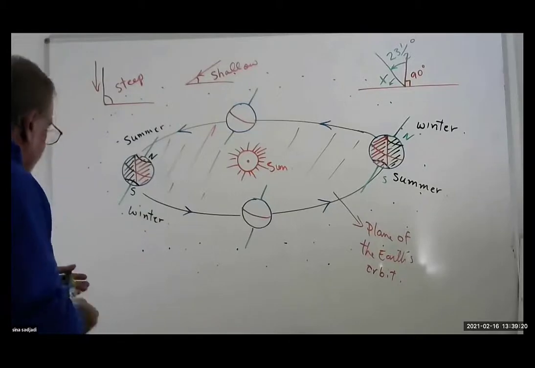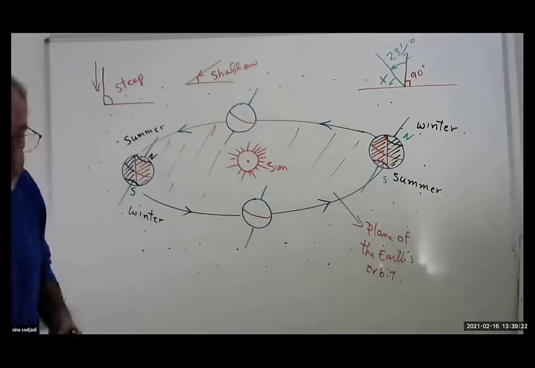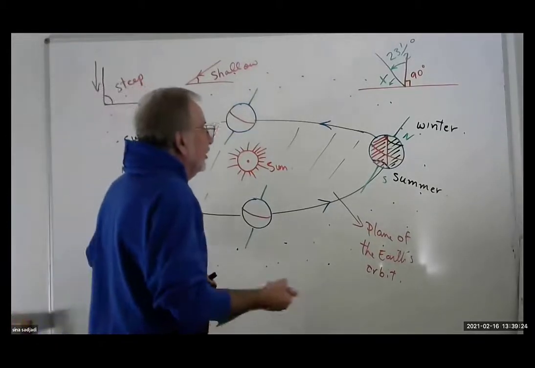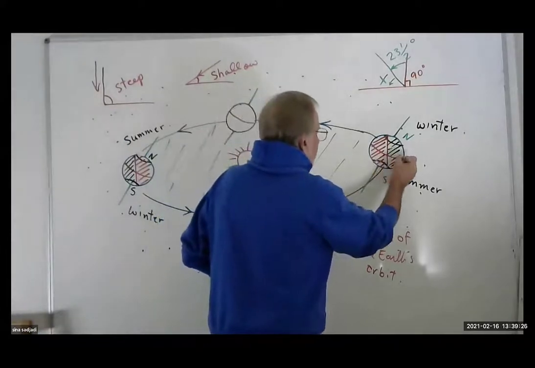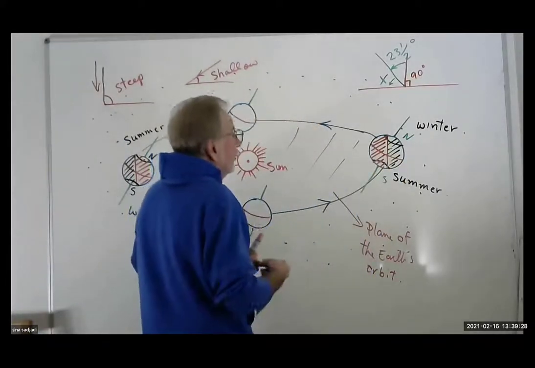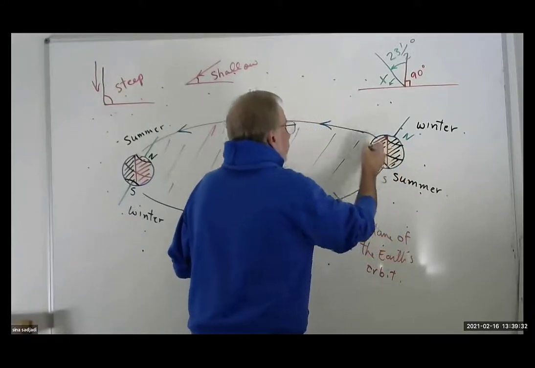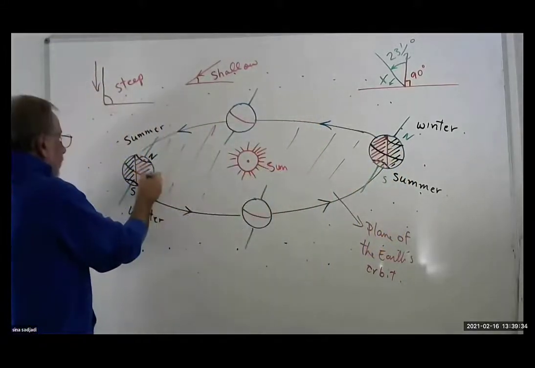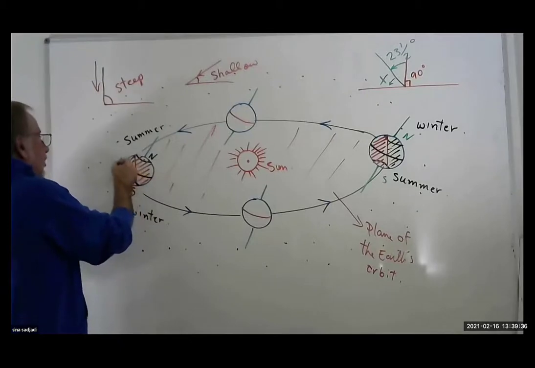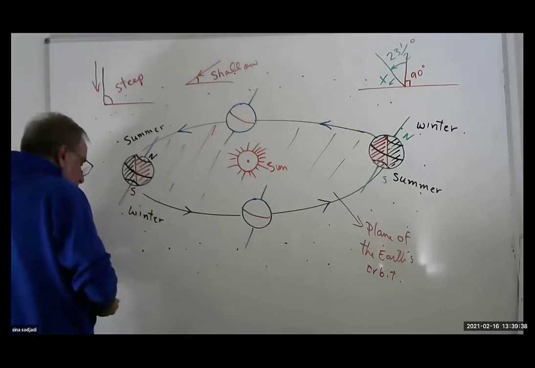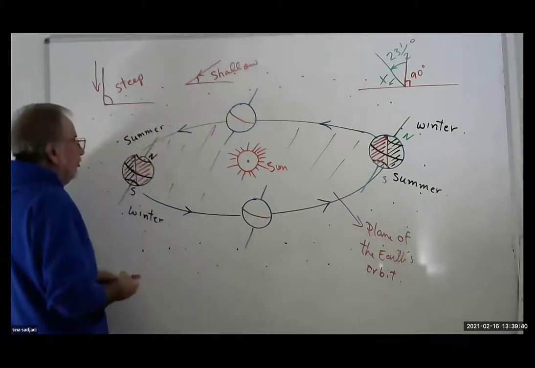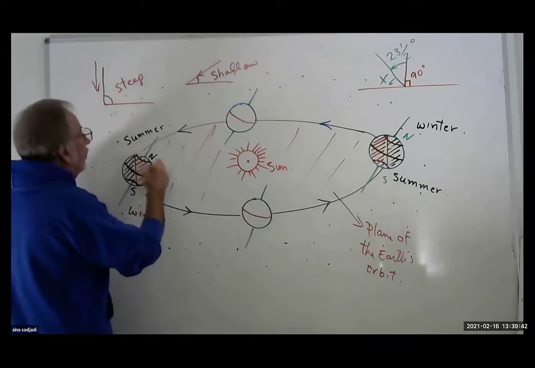Okay, so here, if you watch this, you can see the sun's rays. Remember, I shouldn't have drawn the equator in red. There we go, there's the equator. Now here, let's take a look at the sun's rays in the northern hemisphere. Look at that.